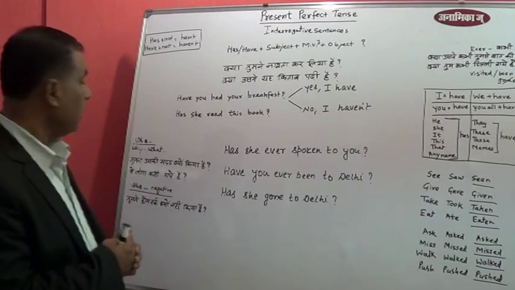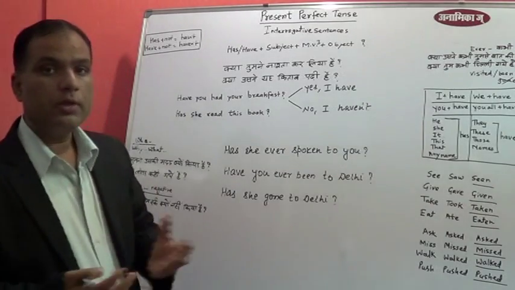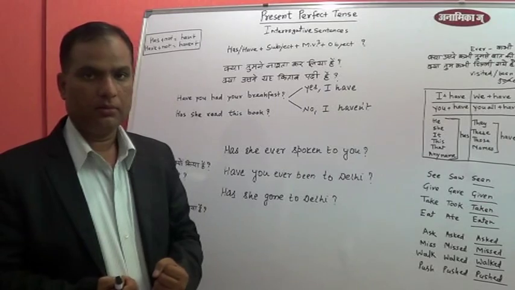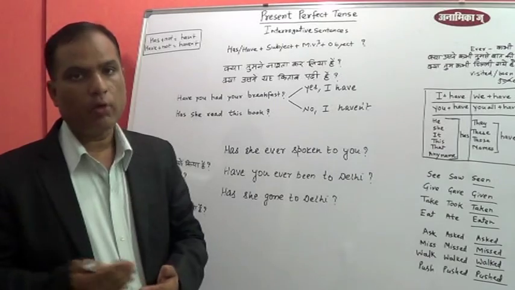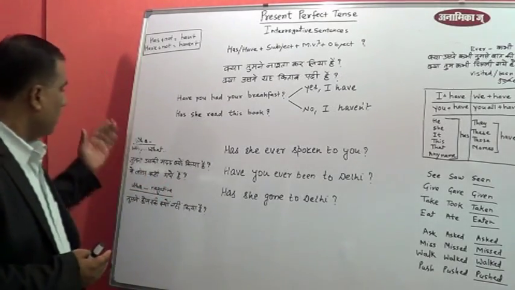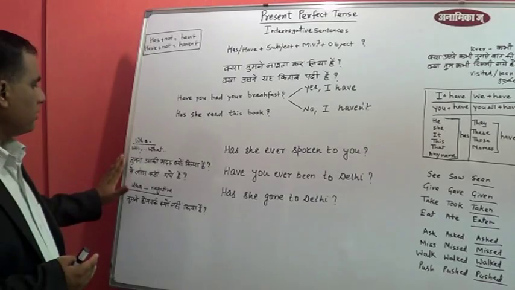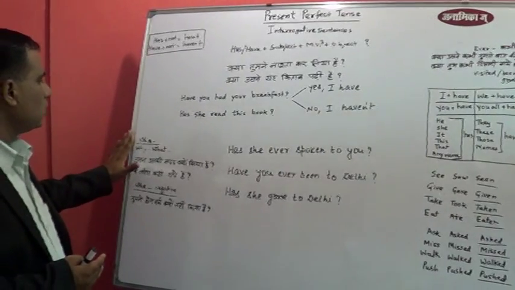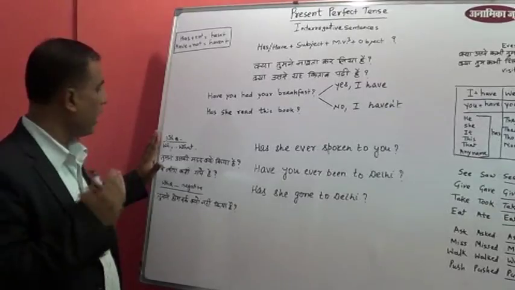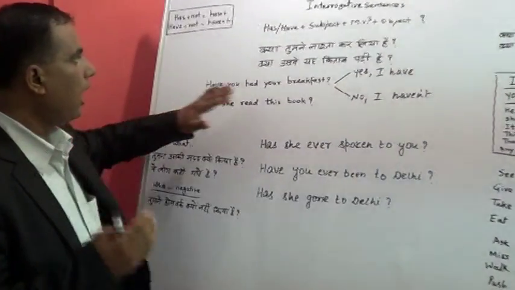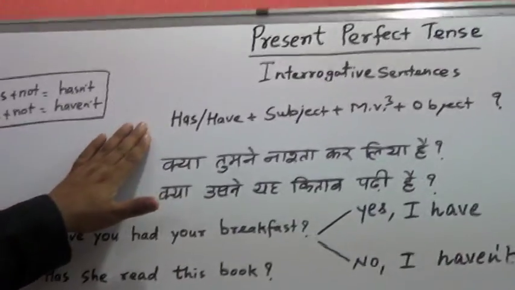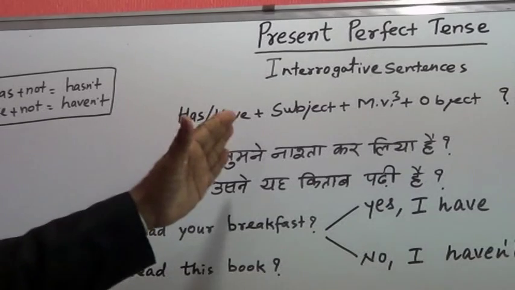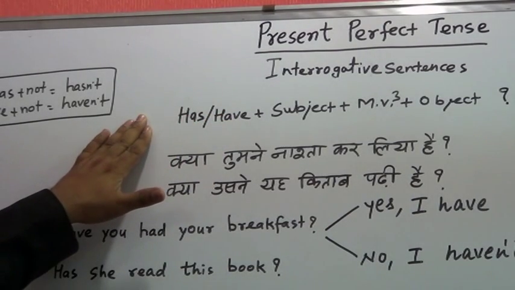Now we will see how to frame questions which require information. We also call them fact-finding or WH questions. As far as WH questions are concerned, we just need to add WH, which can be why, what, how, which, here in the beginning, just before has and have, and we have the structure of WH questions.